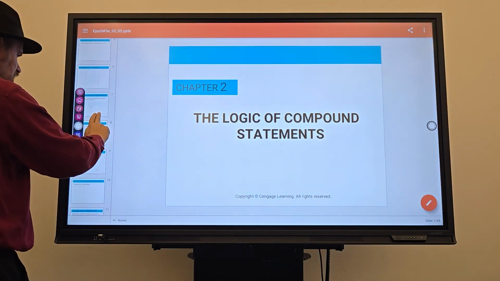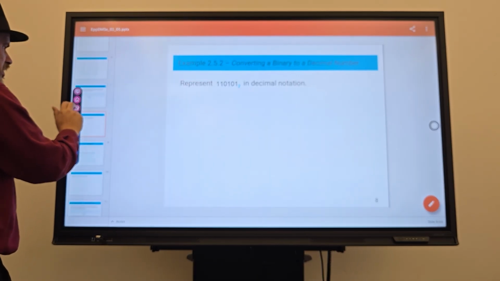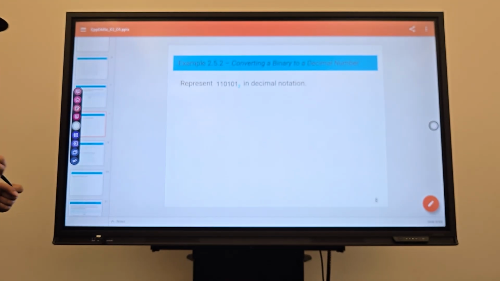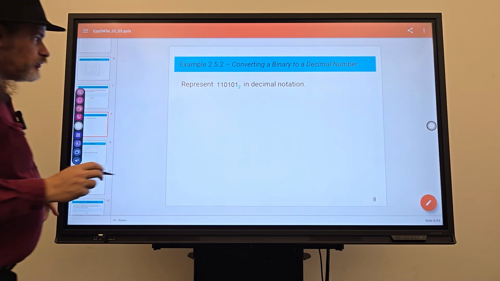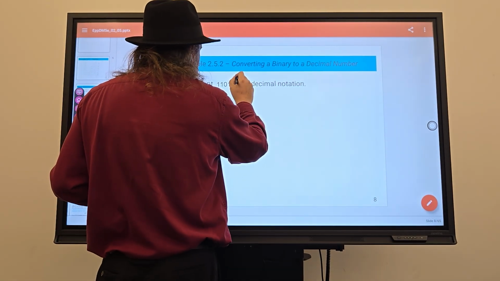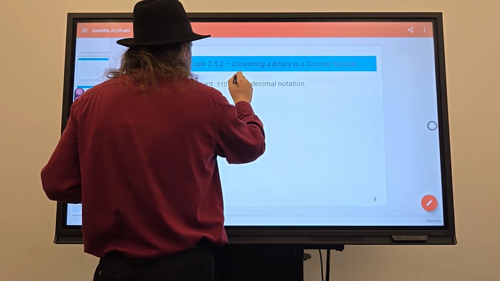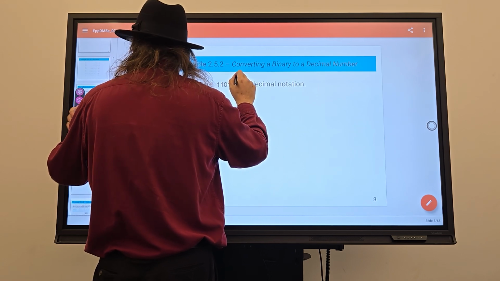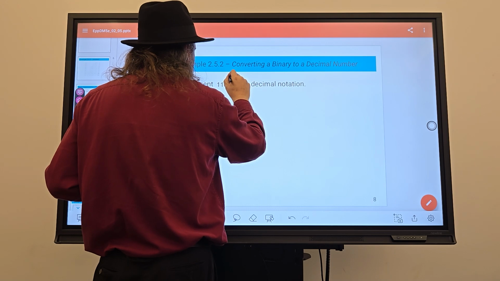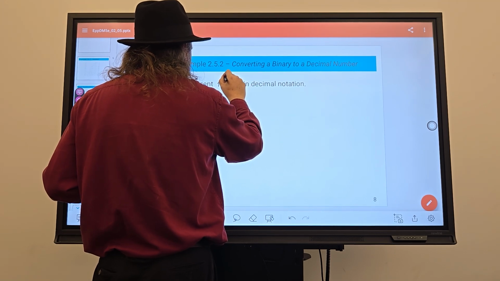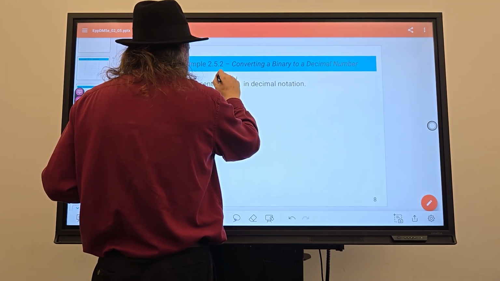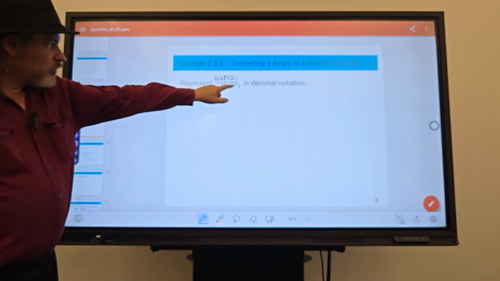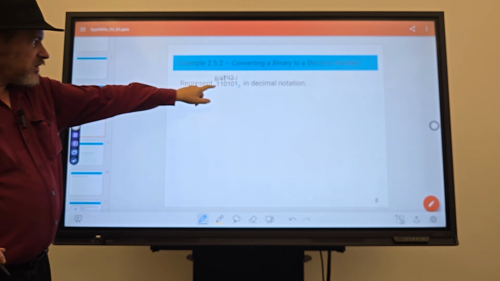All right. So represent this in decimal notation. Remember the powers of 2. You got the ones position, the twos position, the 4s, 8s, 16s, and 32s. So you have 1 one, 1 four, 1 sixteen, and 1 thirty-two.